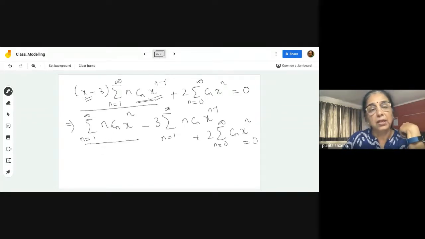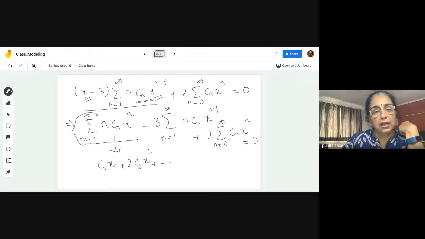Are you getting my point? If you just look at this term, since this is starting from n equal to 1, the first term you are getting is c1 x. What will be the second term? 2 c2 x square and so on. This is when you are starting your summation from n equal to 1.